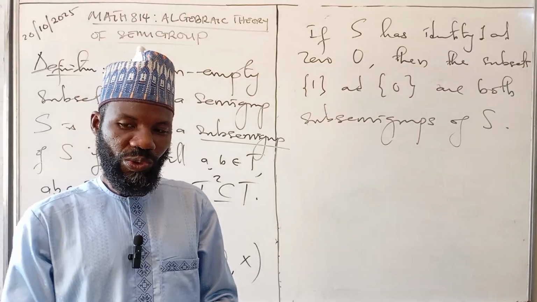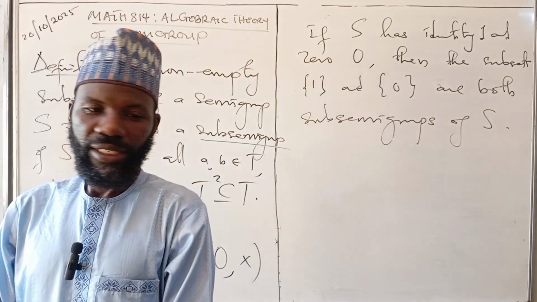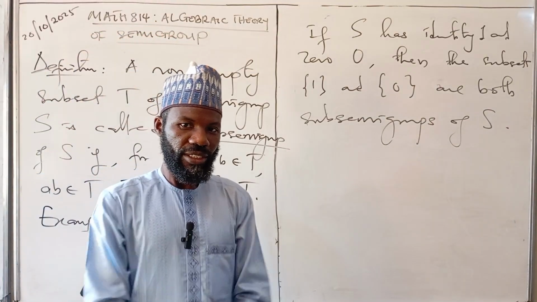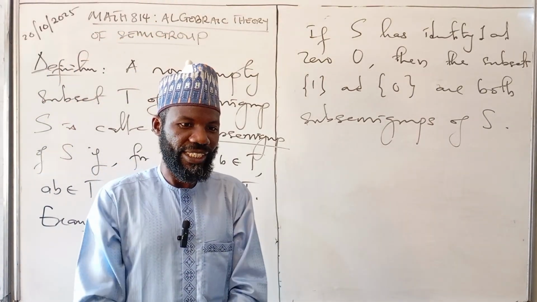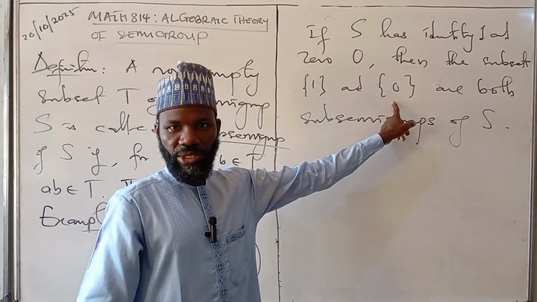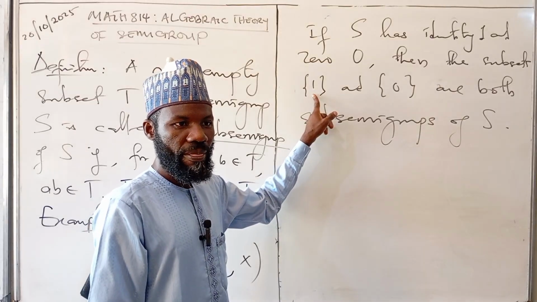You remember in group theory, the only singleton subgroup is the trivial one, the one consisting only of the identity. But in semigroups, you can have two of them, at least. If the identity is there, we have a subsemigroup.